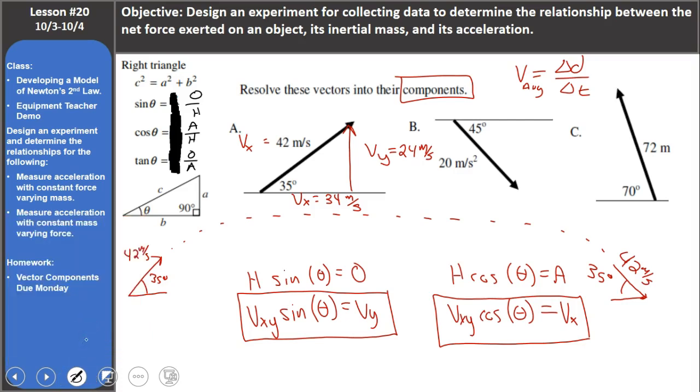You're multiplying both sides by Delta T, right? So, 34 meters per second times 2 seconds is equal to 68 meters because the seconds cancel. Do you follow me on that?